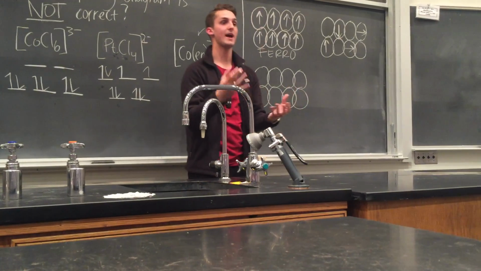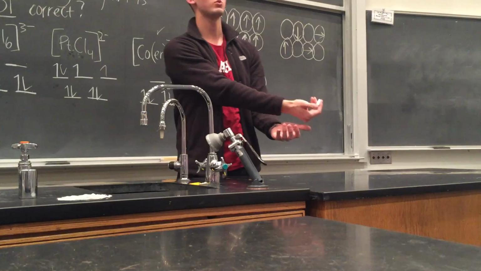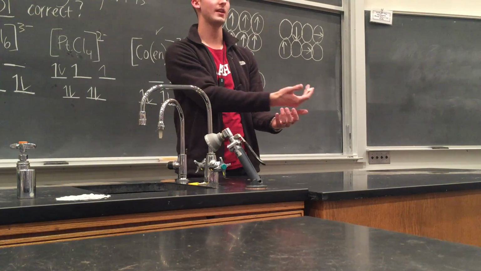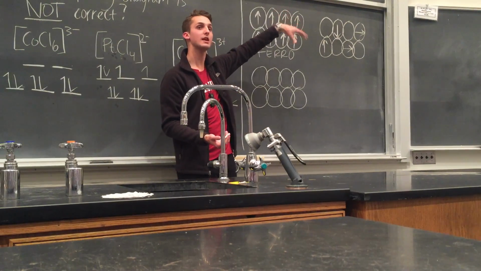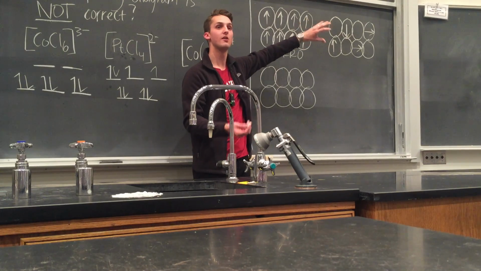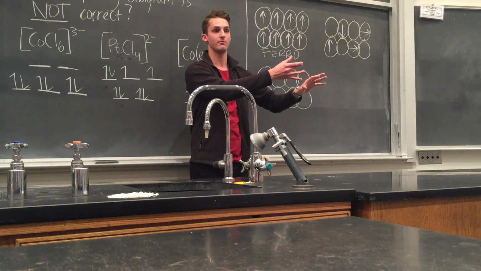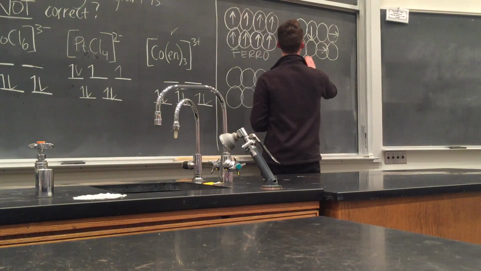So when I introduce a magnetic field to something that's ferromagnetic, all of the electrons will align with that magnetic field. So what you need to know here is that neighbors influence neighbors. The fact that some of these are turning forces all the other ones to turn. Ferromagnetism.